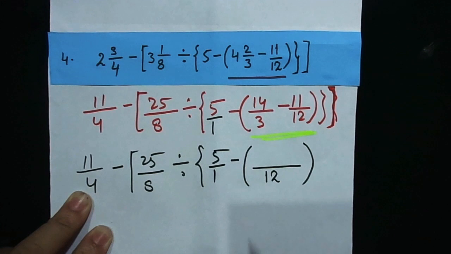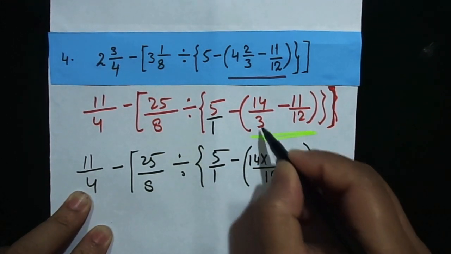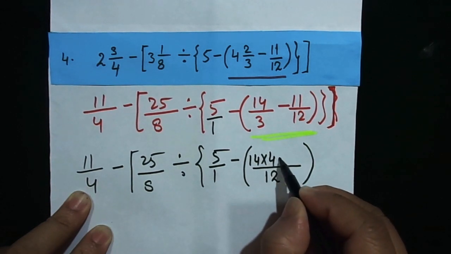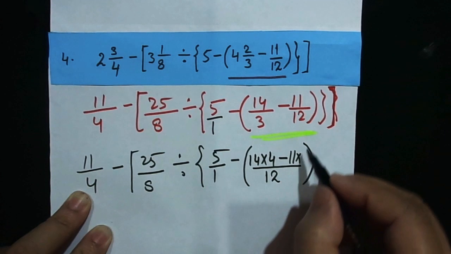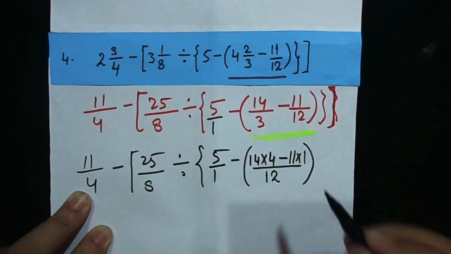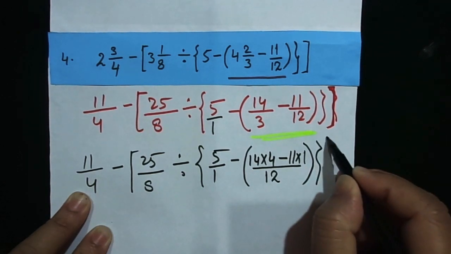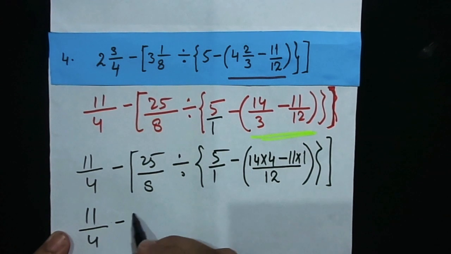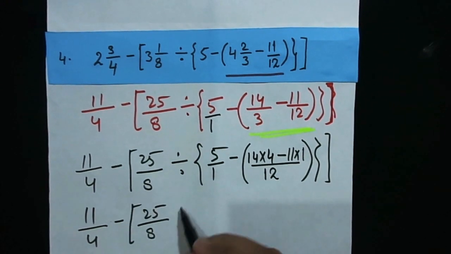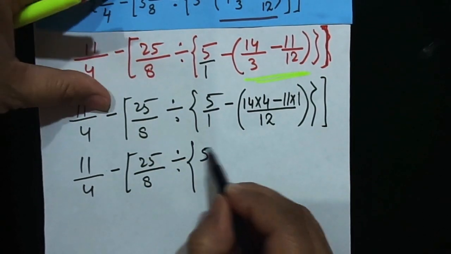Now 14 multiplied by 12 divided by 3 is equal to 4 minus 11 multiplied by 1, 12 divided by 12 is equal to 1. Let me close the bracket first. Now 11 by 4 minus 25 by 8 divided by 5 by 1.